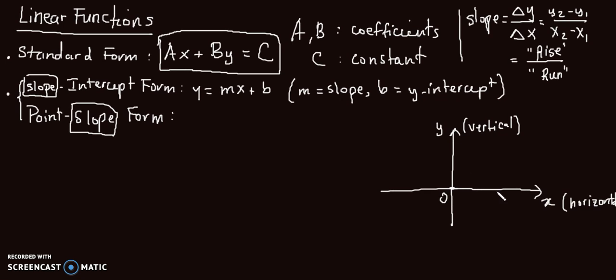The intercept is anything that cuts the OX or OY axis. If I have this line here, my y-intercept is this point, because this is where the line cuts the OY axis.